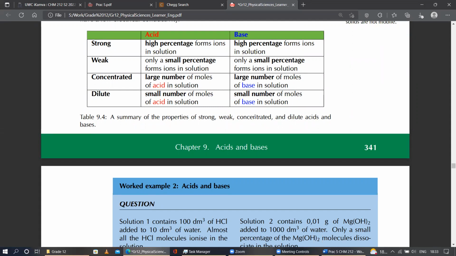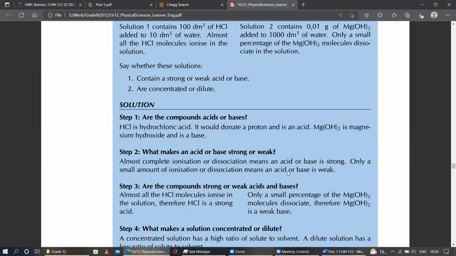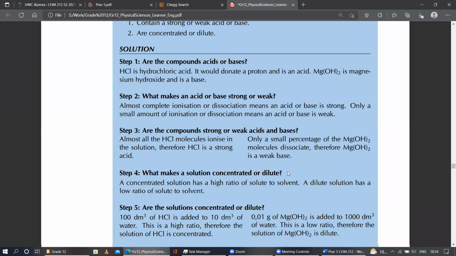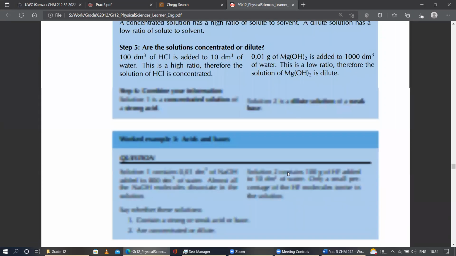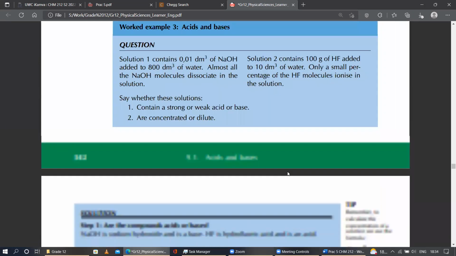In a concentrated solution, there's a large number of moles of the acid, and in a dilute solution, there's a small number of moles of the acid. Same applies to the bases. So these are just some questions.